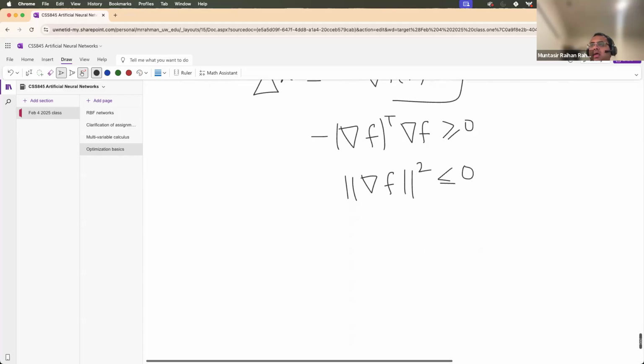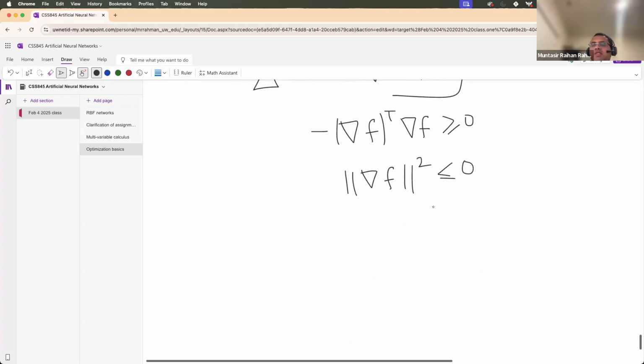Okay, so now we have a norm squared less than or equal to 0. What does this tell us? What can we infer from here? Can we have the norm to be negative? Can it be strictly less than 0? It has to be equal to 0. Exactly, because it cannot be negative, because this is a norm.